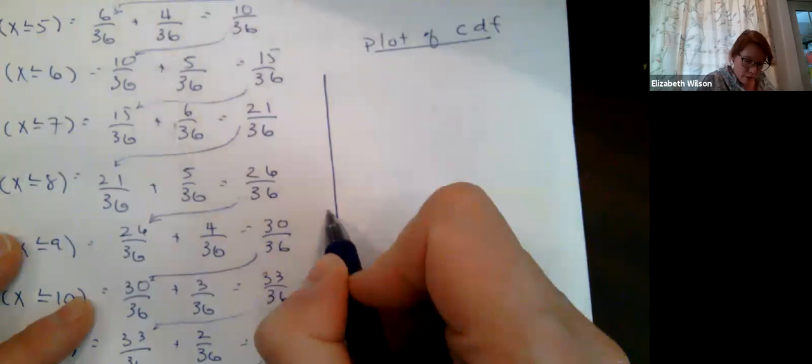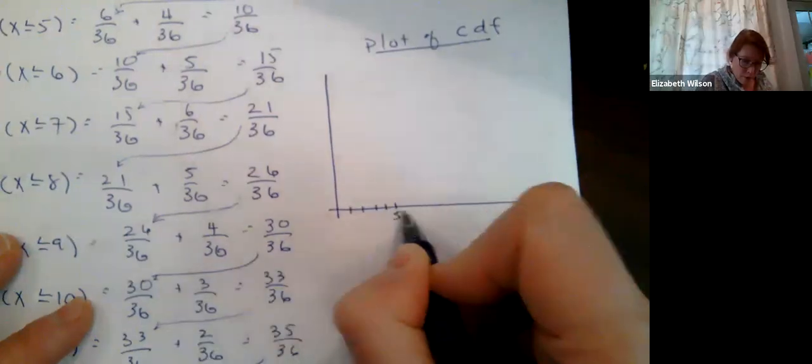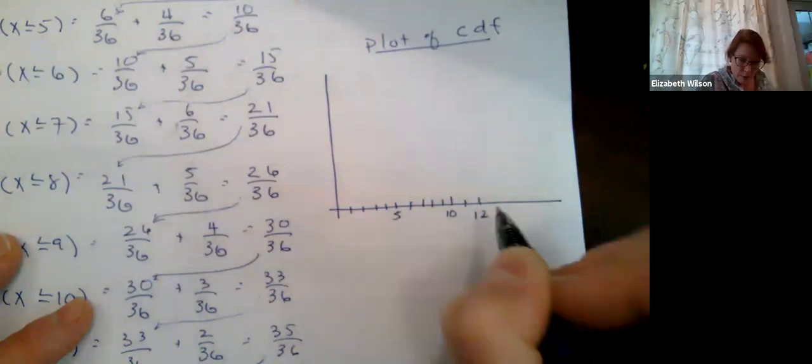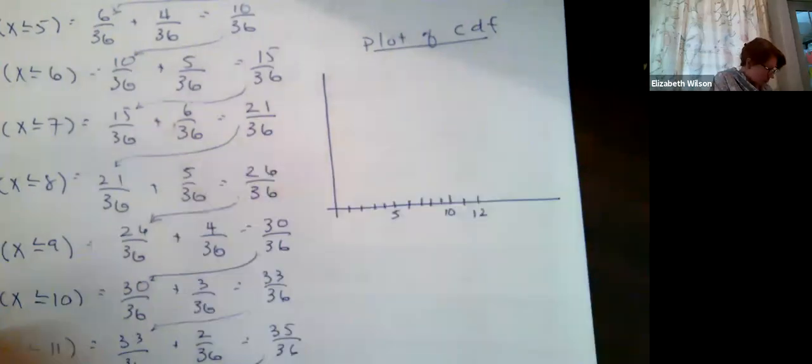So now we want to come up with a plot for a cumulative distribution function. Running out of space here. So this plot's going to look like 1, 2, 3, 4, 5, 6, 7, 8, 9, 10, 11, 12. And I'll do 1, 2, 3, 4, 5, 6, 7, 8, 9, 10, 11.